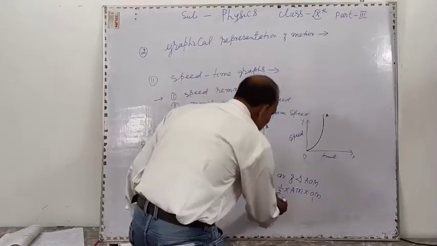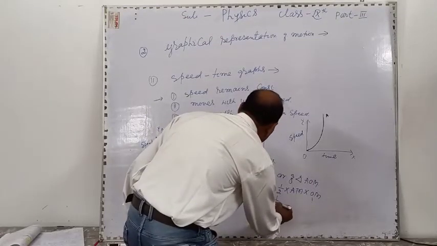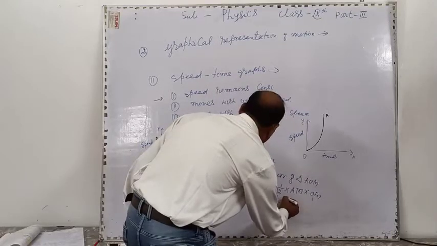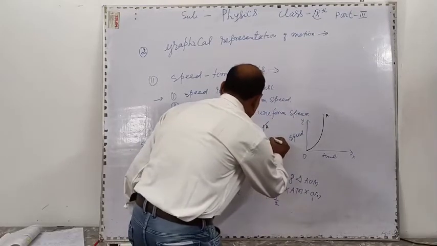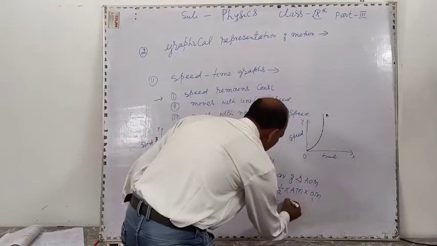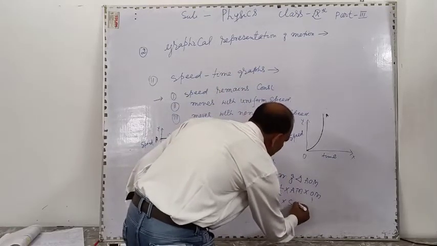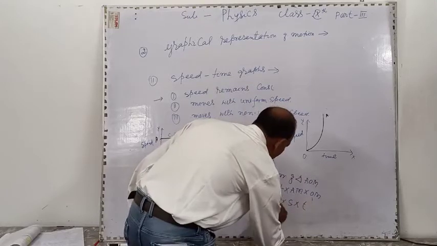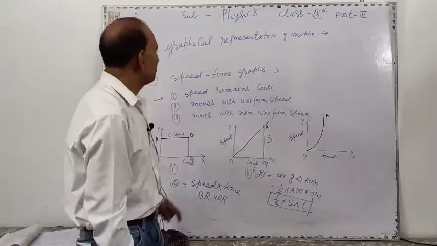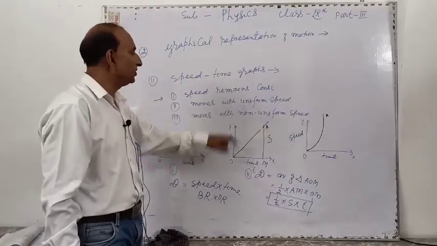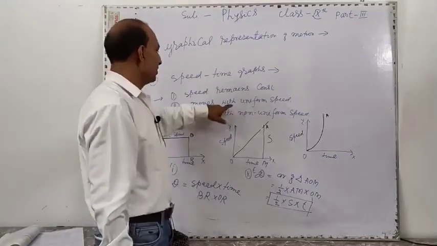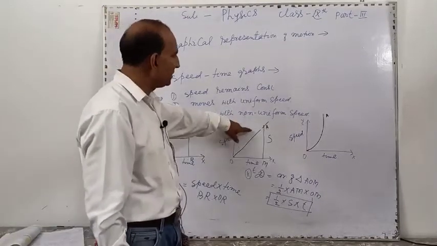Therefore, the distance traveled is equal to 1 by 2 into S into T, which is the distance traveled by a moving object. And we calculate the distance traveled from the graph.